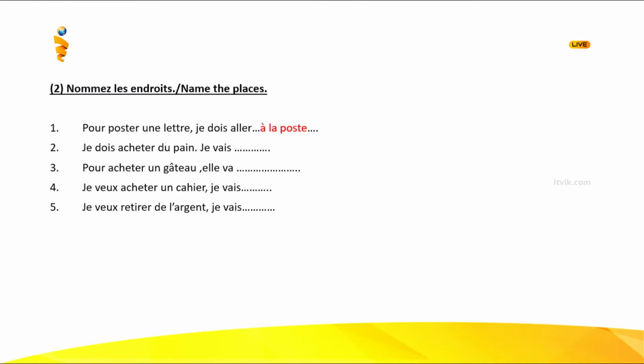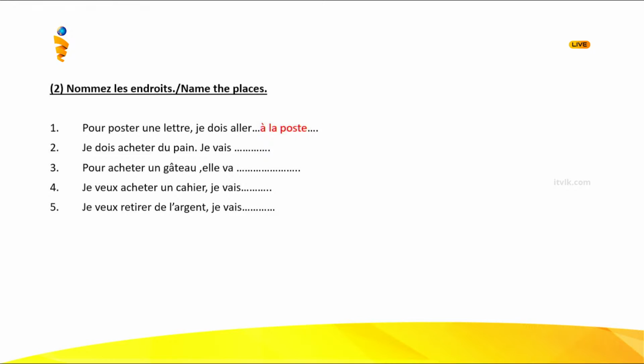Question number 2 is to name the places. So they have an explanation at the beginning of the sentence, and you need to identify the place and write the related answer for that. For example, the first one, "pour poster une lettre, je dois aller," and the blank is there. So to post a letter, where should you go?